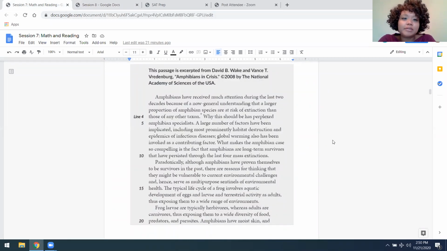When you're doing reading problems, you want to try to simulate what it would be like if you were to have the same reading passage during the test, meaning you want to keep time in mind and everything like that. But since we're spreading this out over 2 weeks, that's not necessarily possible for this particular passage.